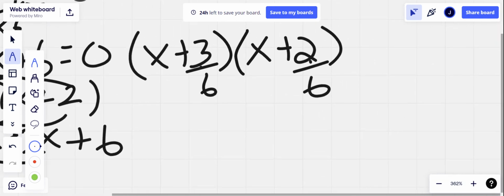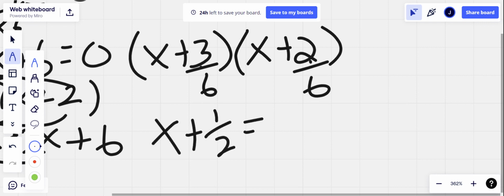Next, we are going to solve for x. We did this in the packet, though. This is where we're going to find our solutions, our zeros. So we can reduce it first. 3 over 6 is 1/2, and 2 over 6 is 1/3. So I have x plus 1/2 equals 0.